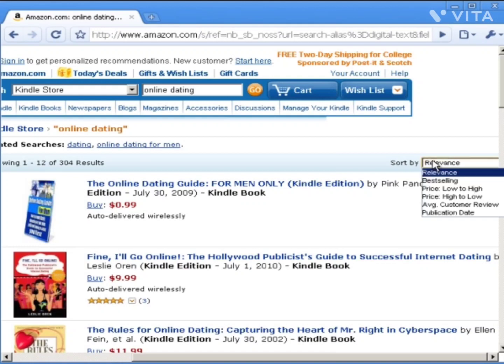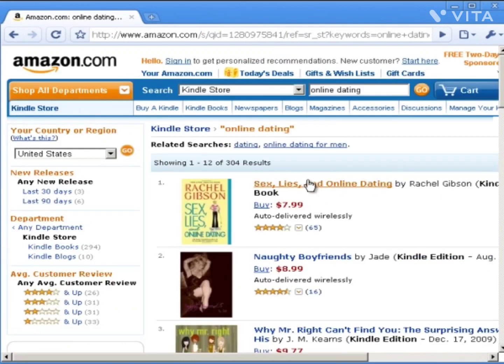And you can sort by relevance, best-selling, and things like that. Generally, what I try to do is pick best-selling, so I can see what is on the top and what is on the bottom. Generally, what is on the top is more of the best sellers for Amazon.